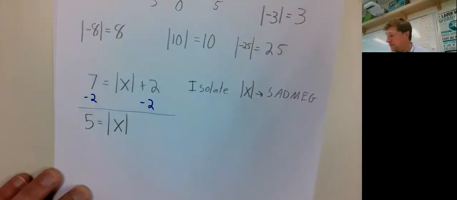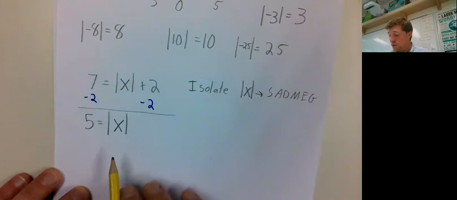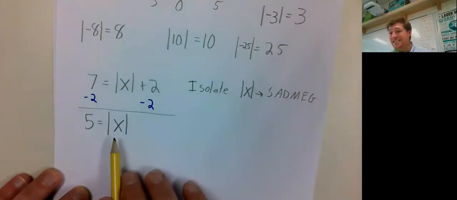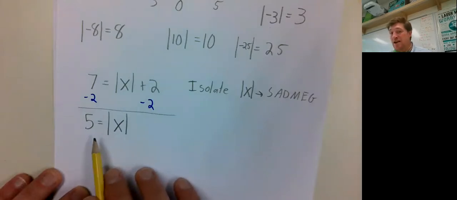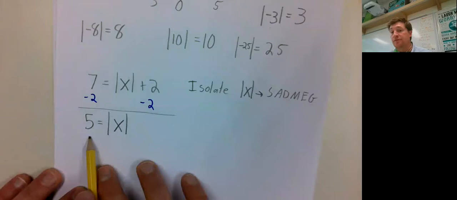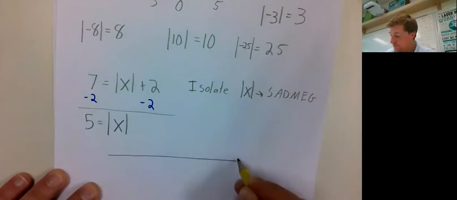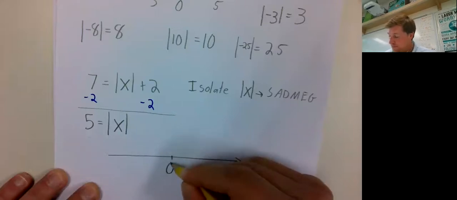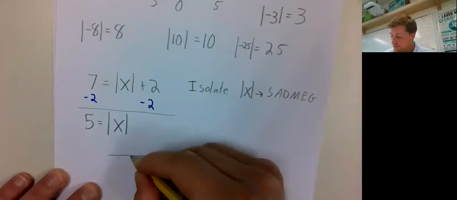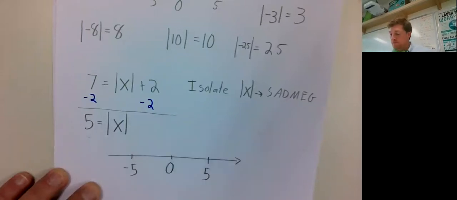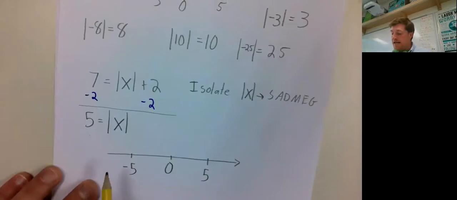Here's where it gets interesting. So the distance from x away from 0 is equal to 5. So we need to think about both sides of our number line here. Again, the distance that x is from 0 is 5.